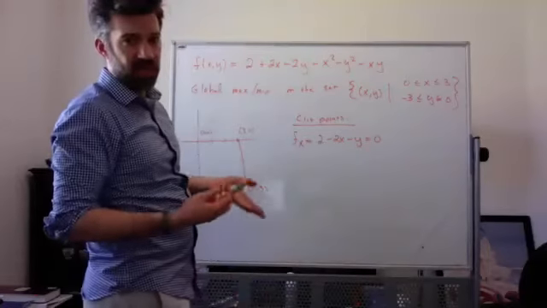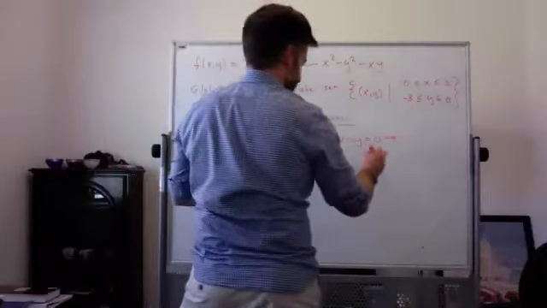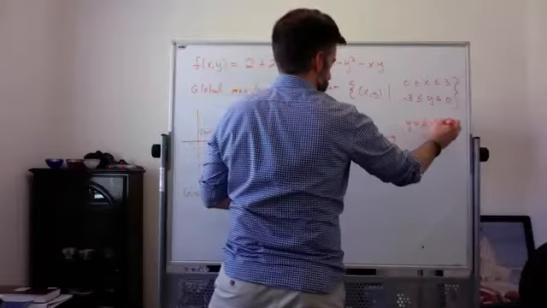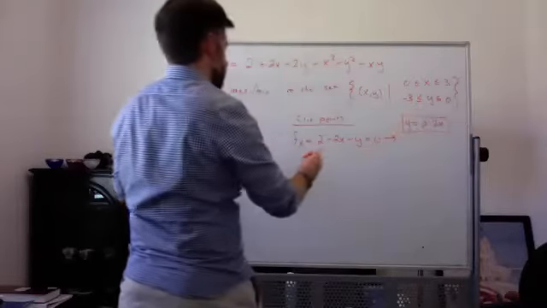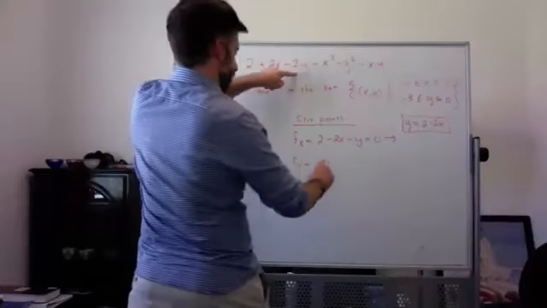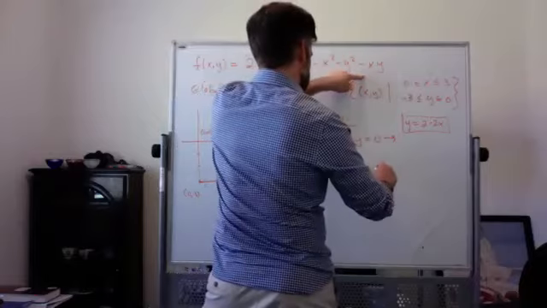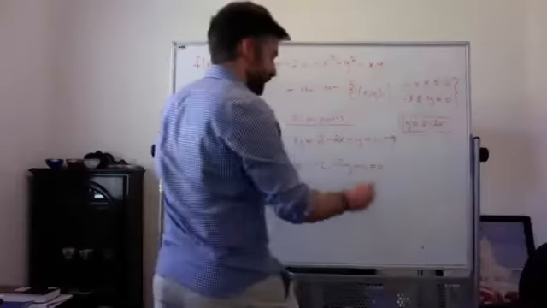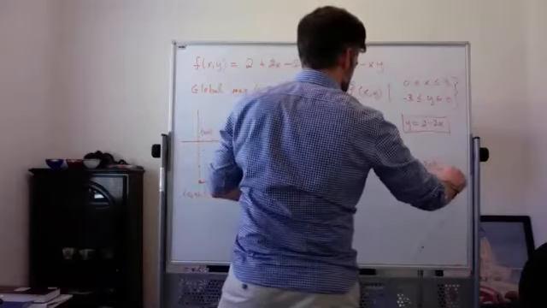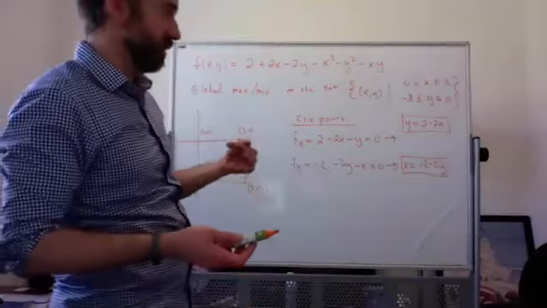Since I can't really solve for anything by itself, I'm just going to isolate one variable. I'm going to rewrite this as y equals 2 minus 2x. Similarly, fy is -2 minus 2y minus x equals 0. And here I would solve for x. So x equals -2 minus 2y. Then I can use those two equations together to find the critical point.